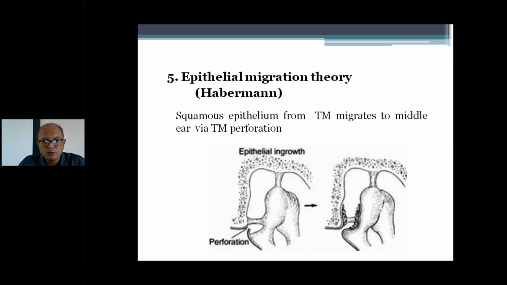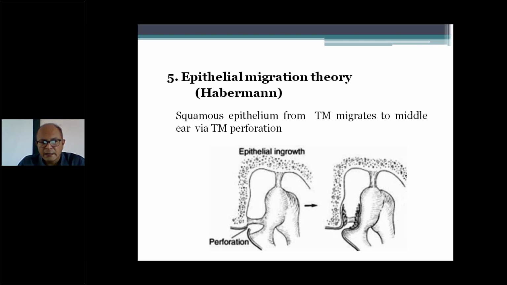Now, if you go back to the etiology, the most common cause of retraction pocket formation is prolonged or continuous eustachian tube malfunction, or dysfunction. So this eustachian tube dysfunction leads to a buildup of negative middle ear pressure, and then the patient develops otitis media with effusion and then becomes adhesive otitis media.